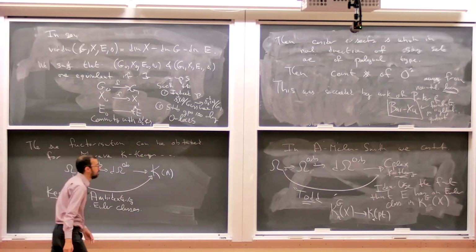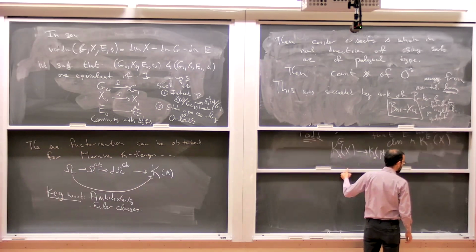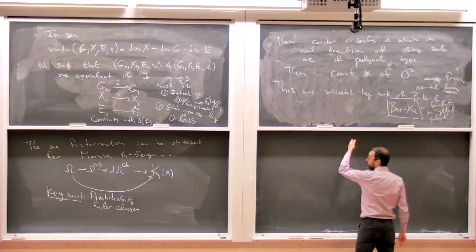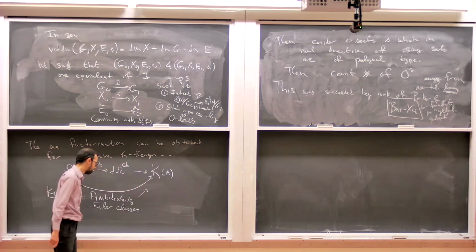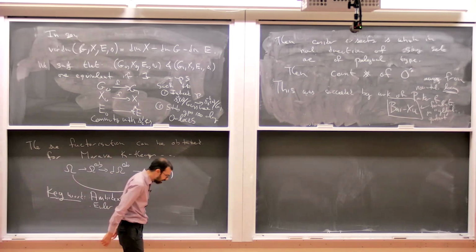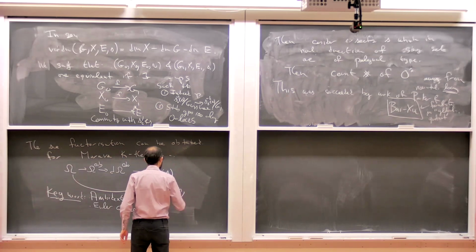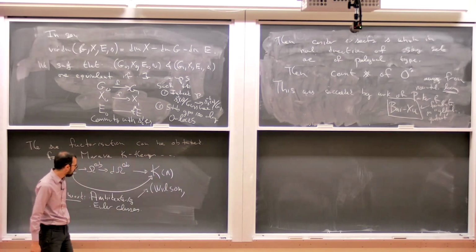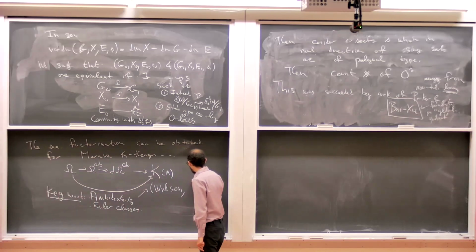So what is ambidexterity? This is a piece of classical, well, semi-classical, anyway, homotopy theory. The key computation is due to Wilson, and then the formulation in this language is due, I think, to Greenlees and Sadowski.